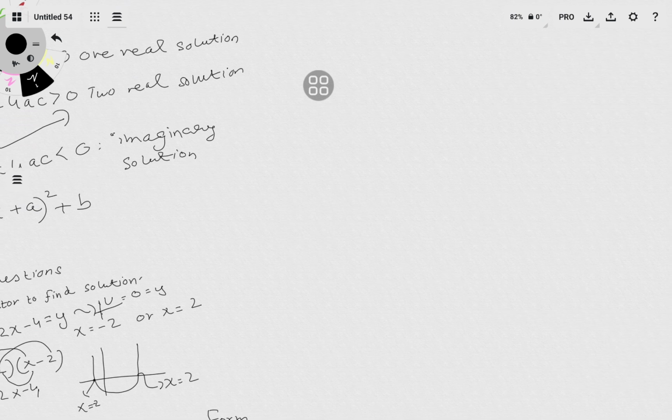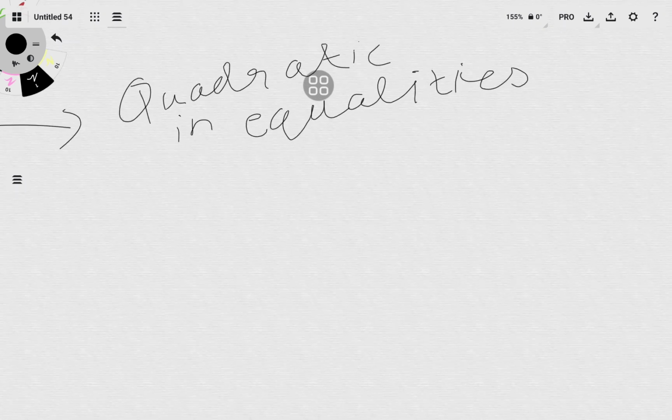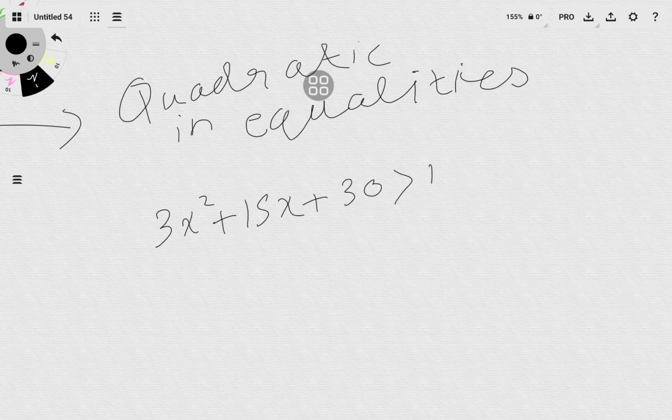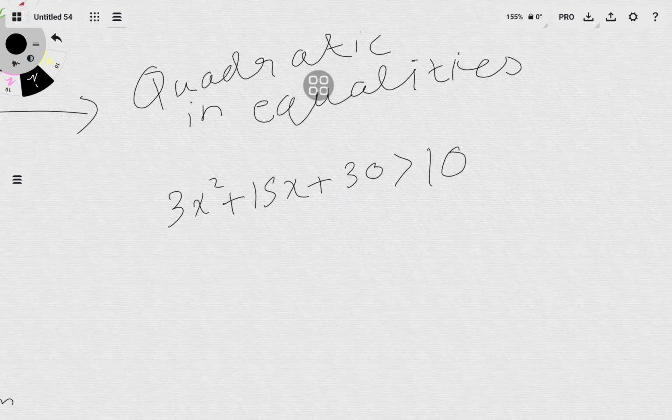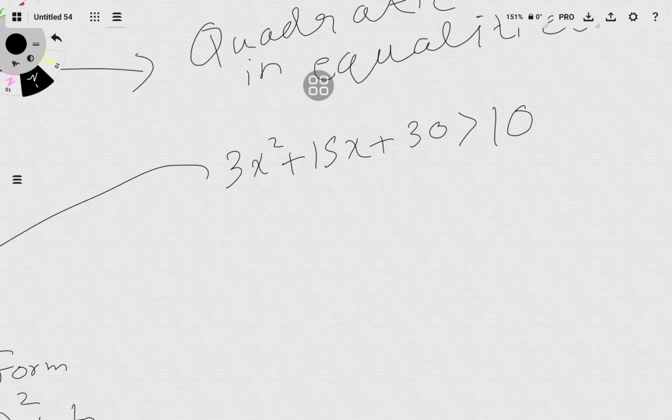We also have quadratic inequalities, in which, let's say we have a quadratic inequality such as 3x square plus 15x plus 30 is greater than 10. So we have to find the values of x, which is also related to the earlier topic. I will explain that a bit later.